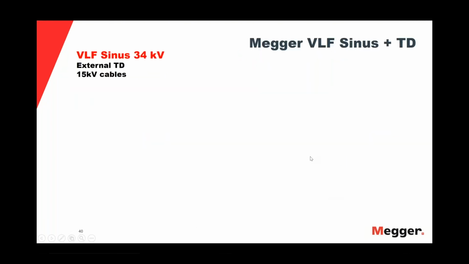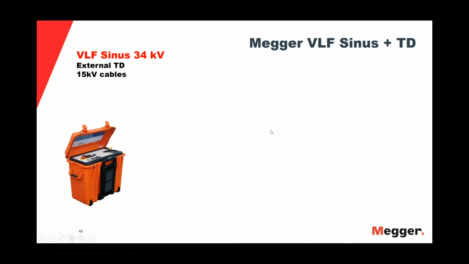To finish, I would like to talk about the VLF units that we have at Megger. The first one I would like to talk about is the VLF Sinus 34.